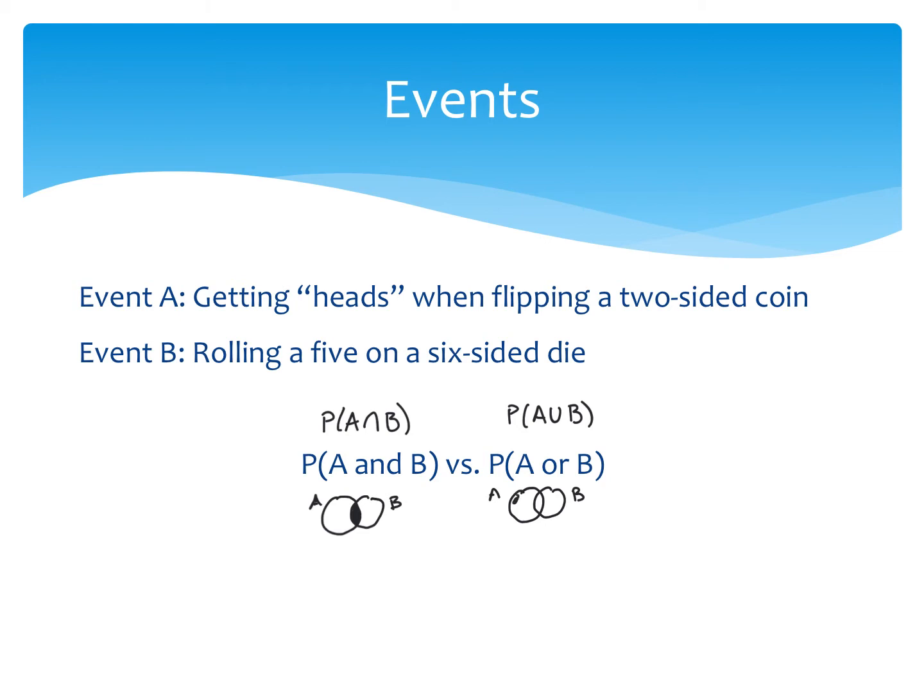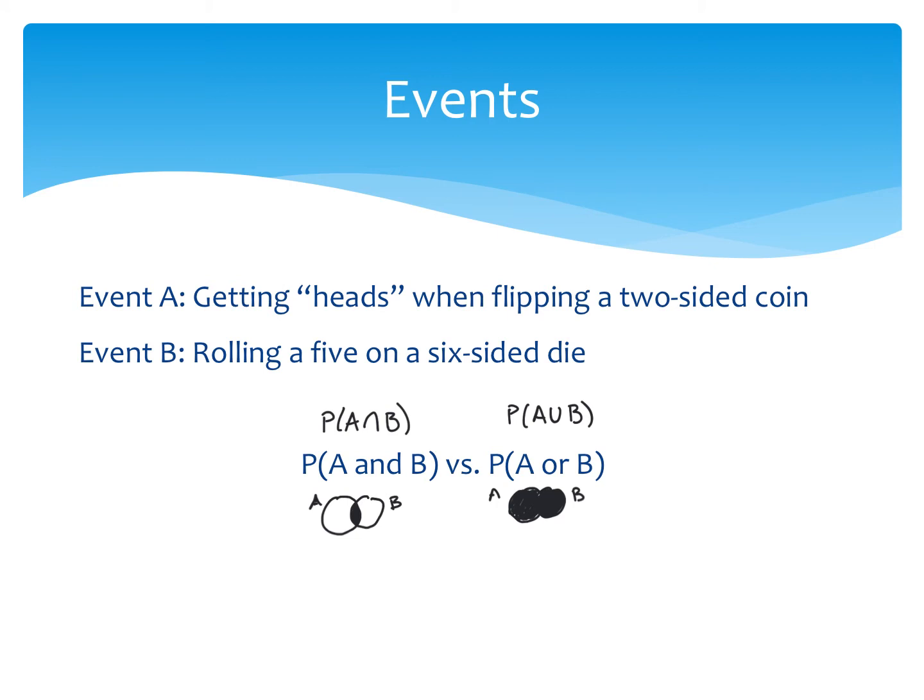And so this Venn diagram is going to look 100% full. Because like I said, if A happens, we're satisfied. If B happens, we're satisfied. If both happen, we're still good. Okay? So that's an illustrated picture of the difference between AND and OR probabilities.